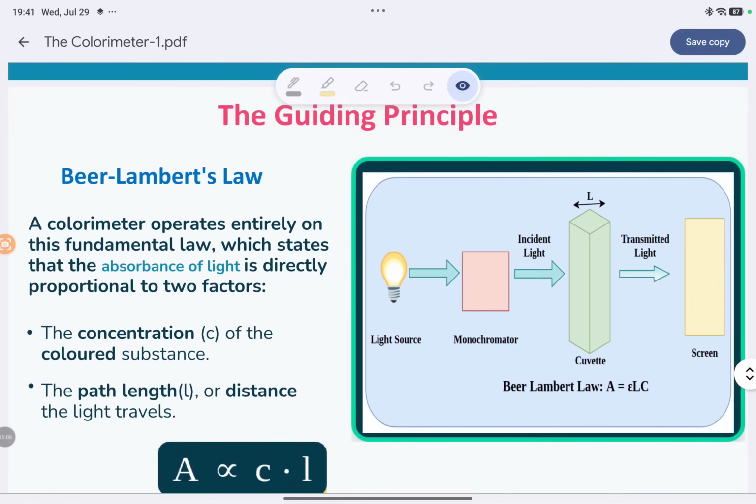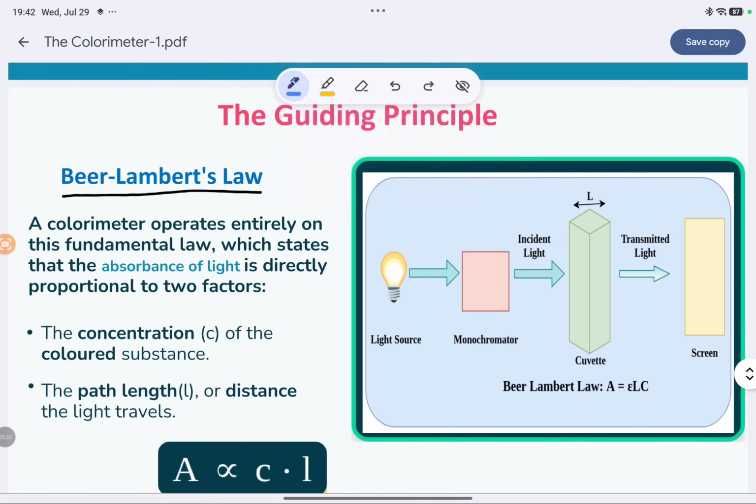Now we have to know the guiding principle of a colorimeter. The principle by which the colorimeter works is known as Beer-Lambert's law. It is a very important law in biochemistry.